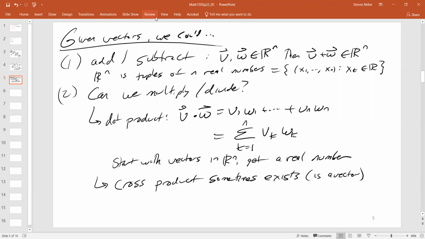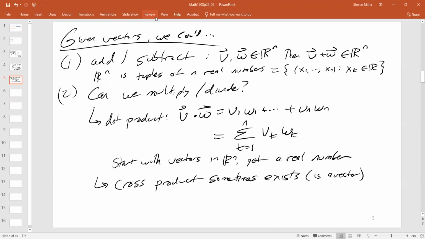Every now and then, things just work out nicely. Three-dimensional space works very nicely: if you have two three-dimensional vectors, you can take their cross product and get another three-dimensional vector. This doesn't work in general. It's a very nice feature of living in what looks like a three-dimensional spatial universe.